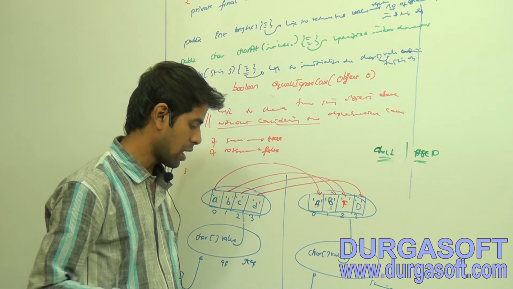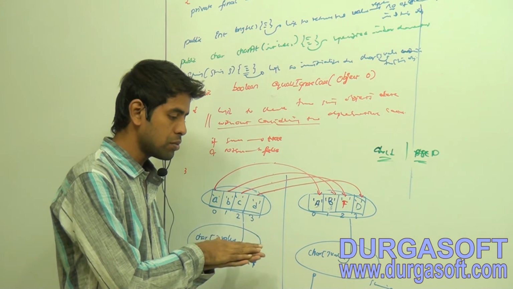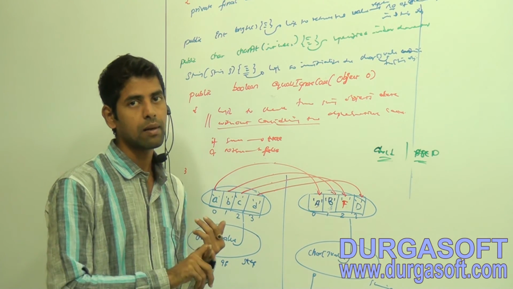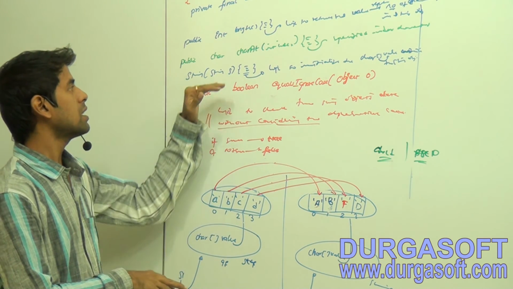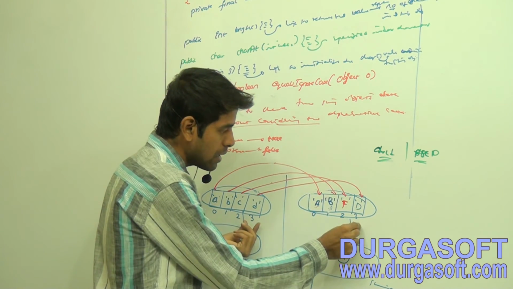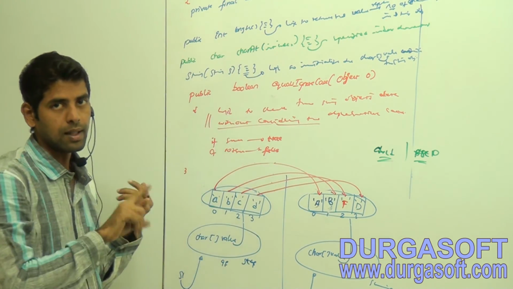Okay, now observe here. And this is our logic. To achieve our logic, I am going to use two predefined methods. What are those? One is charAt method. I want to take third index element. I have to compare. So I am going to use predefined method charAt.